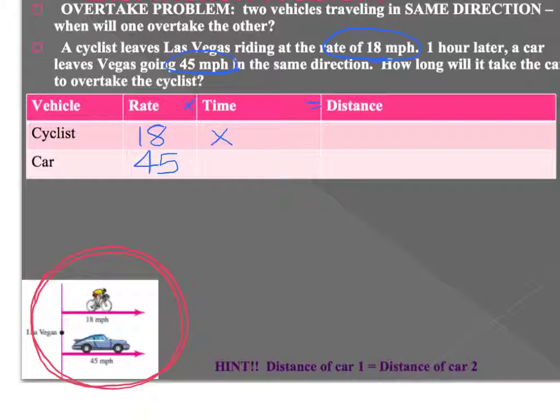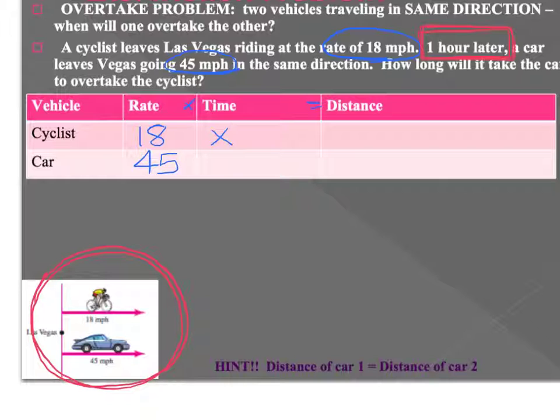Now we have to be careful with the time on this one because remember, they told us that the car left 1 hour later. So the question that we always have to ask ourselves is, how would that be different from the time that the cyclist is riding?